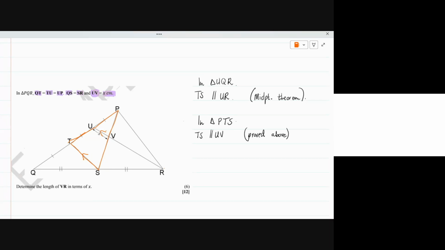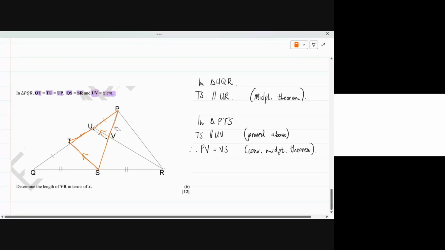Therefore, we know that PV must equal VS, and that is the converse midpoint theorem. But Abu, that's not going to help us as much as we think. Let's think about this. Actually, no, you're quite right. The converse midpoint theorem, you're quite correct, but we're just not going to reach that conclusion.